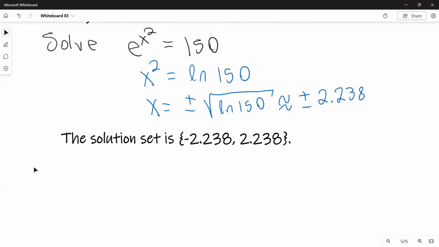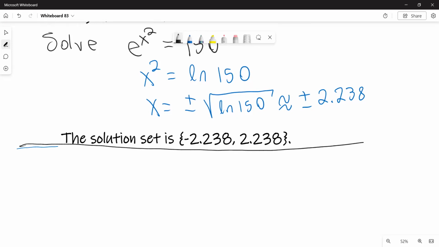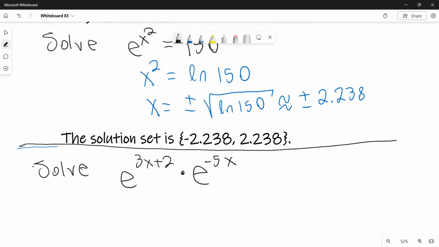And next problem, we are going to solve e to the 3x plus 2 times e to the opposite of 5x equal to 4e squared.